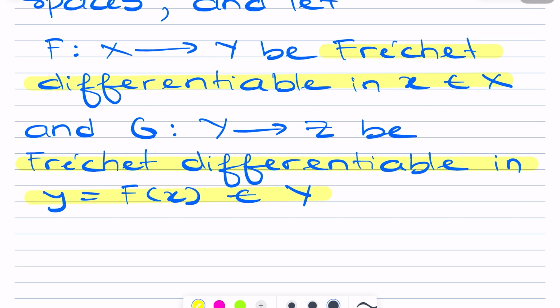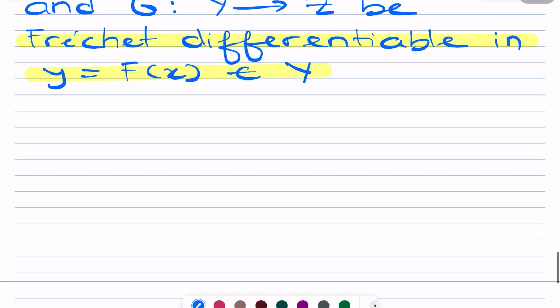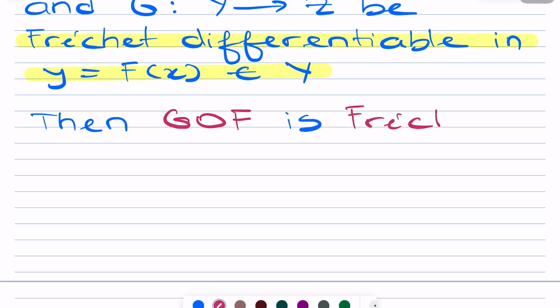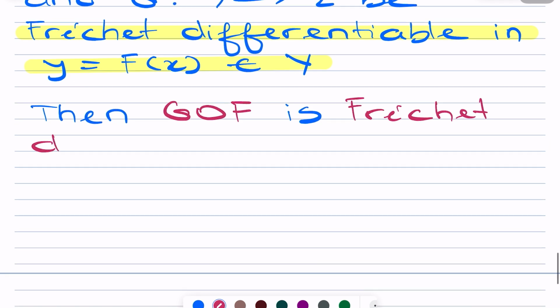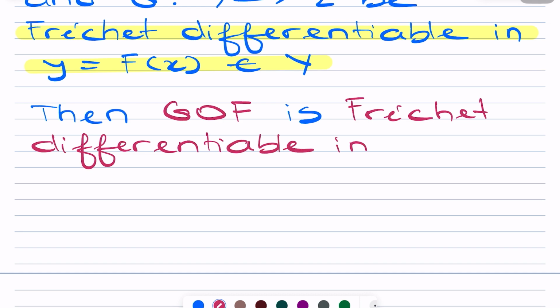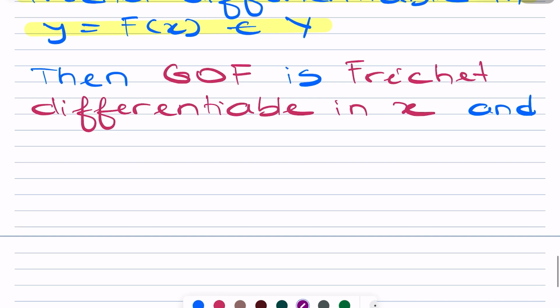So in this case, the composition g composed with f actually is Fréchet differentiable in x, and we have the following chain rule, that you know.